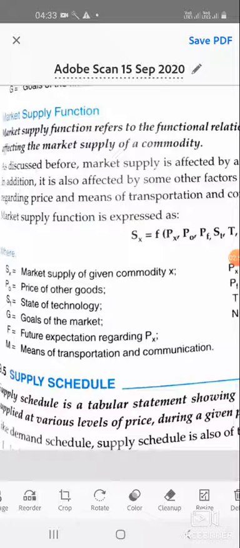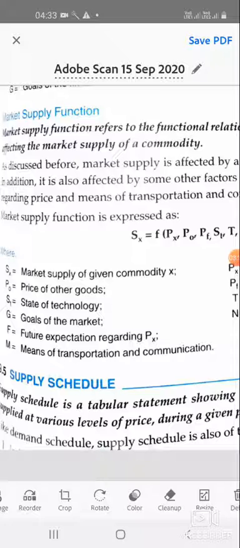Supply schedules are of two types: individual supply schedule and market supply schedule. Individual supply schedule is a tabular statement showing various quantities supplied by a firm and the price of the commodity.